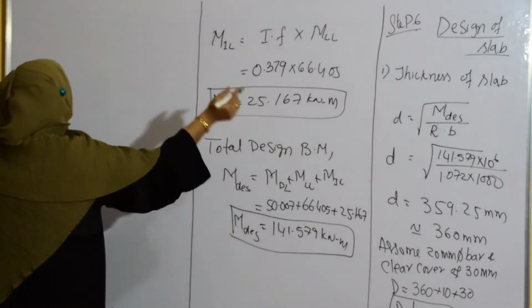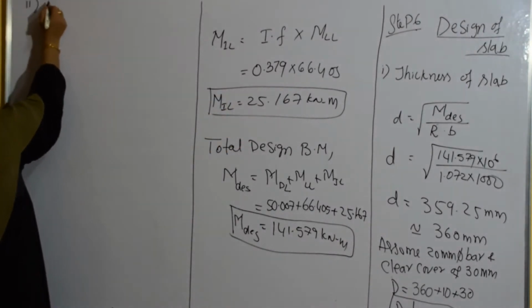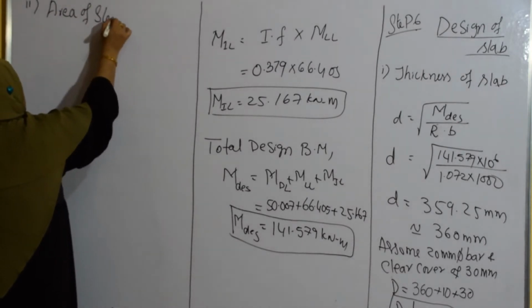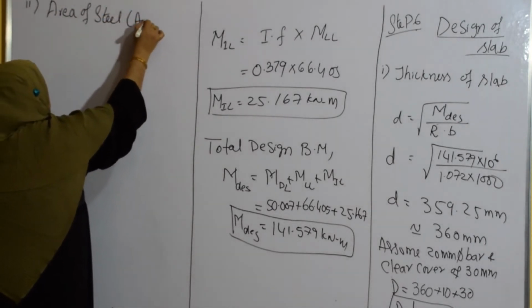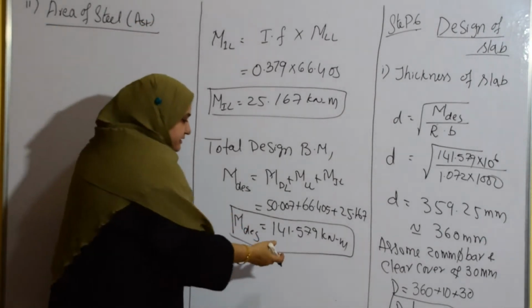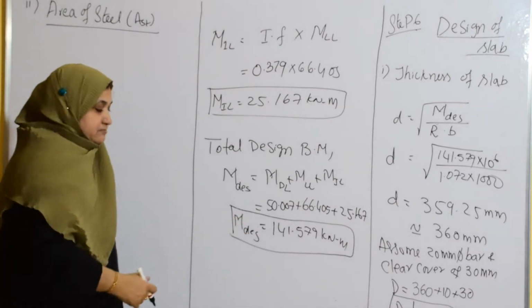Okay, so first is thickness of slab, second is area of steel, main steel, that is, represented by AST. Once again, we have to get the reinforcement to resist this bending moment, right?